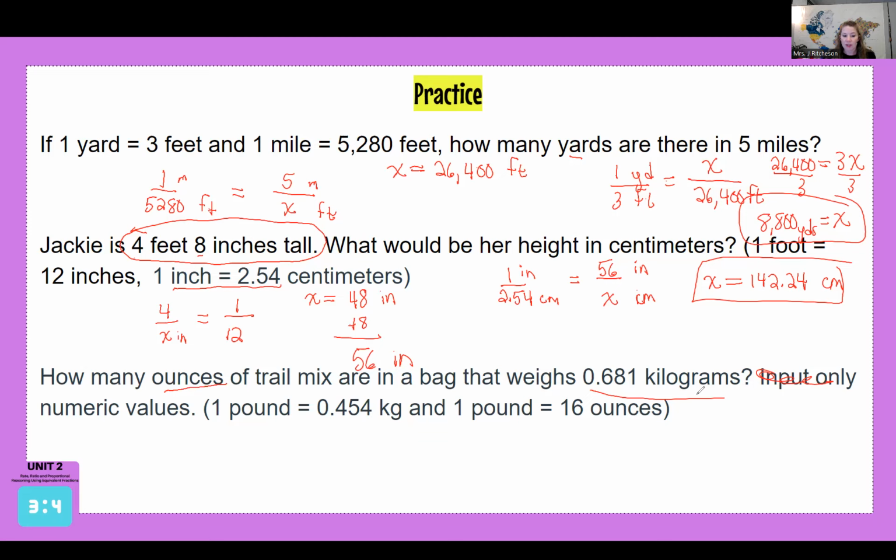So the first thing we have to do is figure out how many pounds this is. Well, 1 pound is equal to 0.454 kilograms. And I want to know how many pounds is 0.681 kilograms.